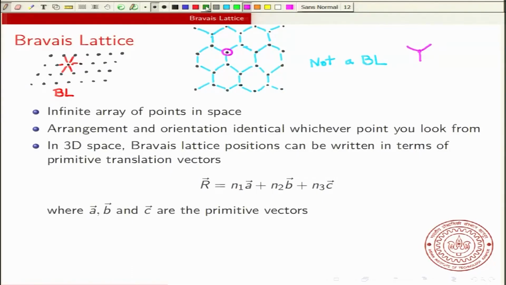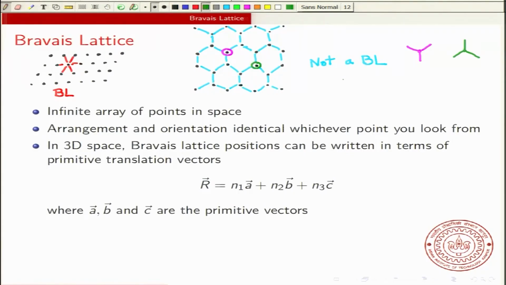Now, if you do the same thing at this point, what you notice is that you have a point above it and 2 points below. So, it is like an inverted Y. So, the arrangement of points, the orientation around these 2 points is different, and therefore, this is not a Bravais lattice.